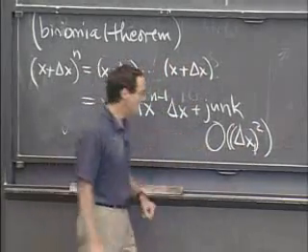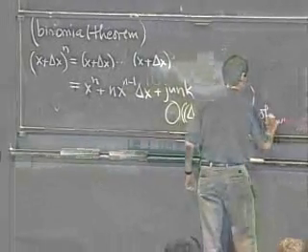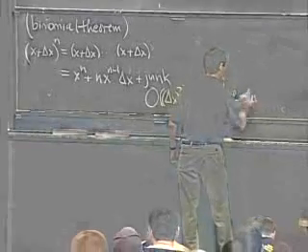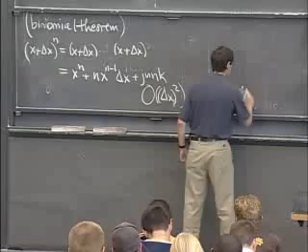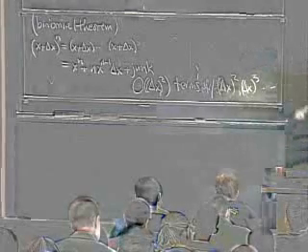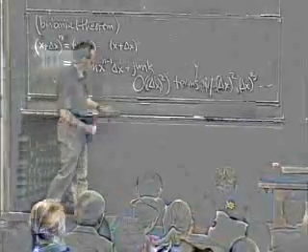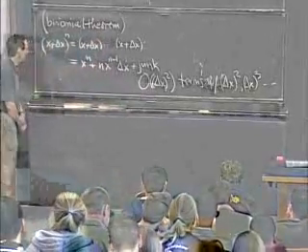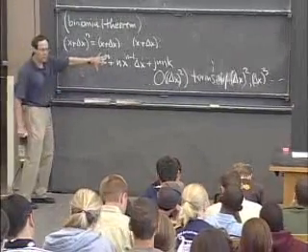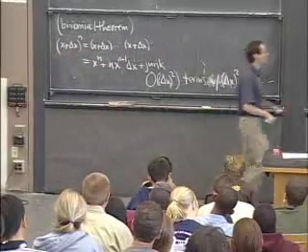What that means is that these are terms of order delta x squared, delta x cubed, or higher. Very exciting, higher order terms. Okay, so this is the only algebra that we need to do, and now we just need to combine it together to get our result.